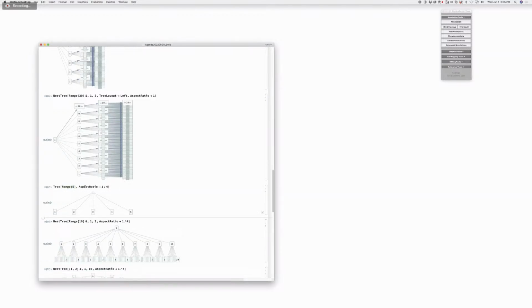Okay, so it seems like there's an intermediate value that's good, because if you make it too tall, it's no good, and if it's too flat, it's also no good.